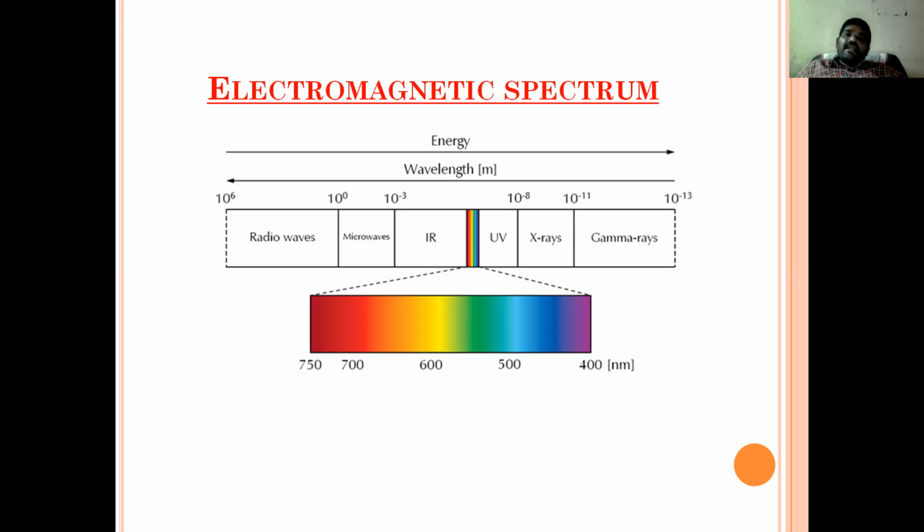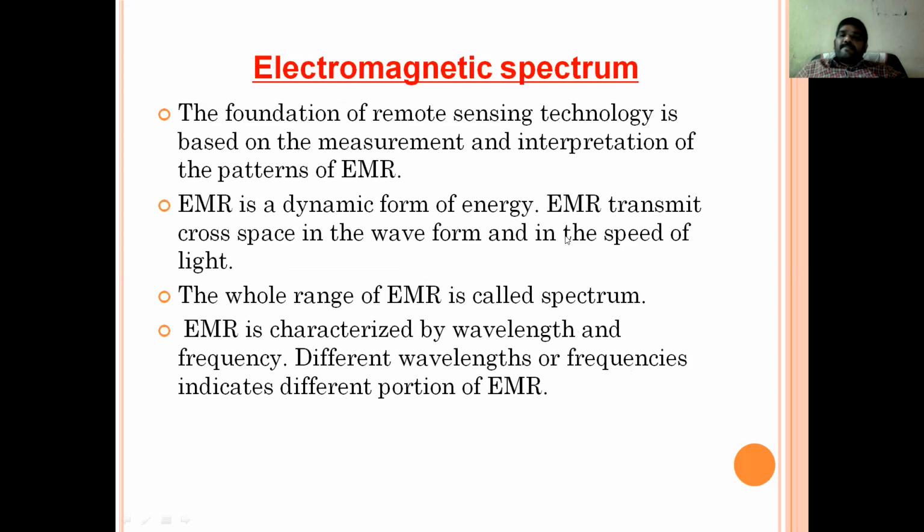What I'm speaking about here is the electromagnetic spectrum. All the waves are arranged side by side with respect to their wavelengths. This pattern of representing different waves with respect to wavelength is called the electromagnetic spectrum.